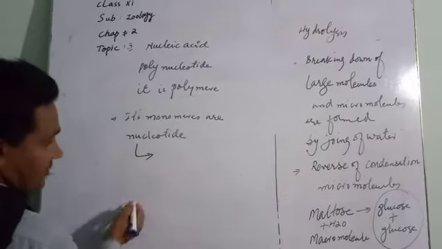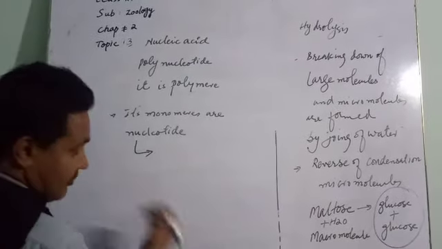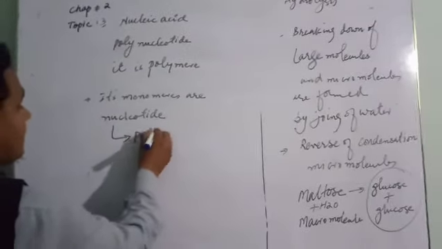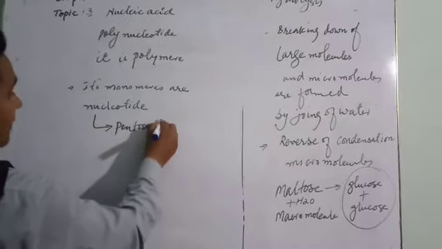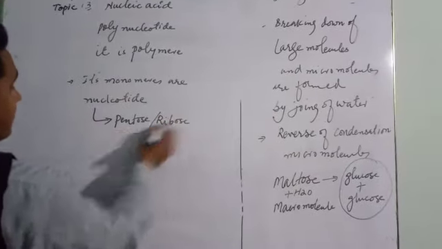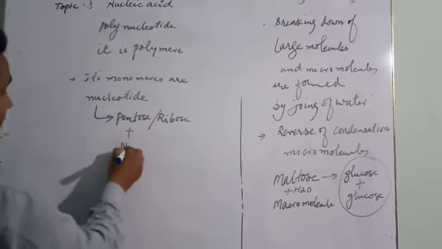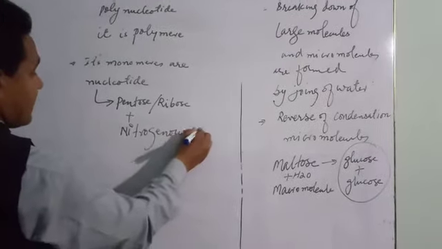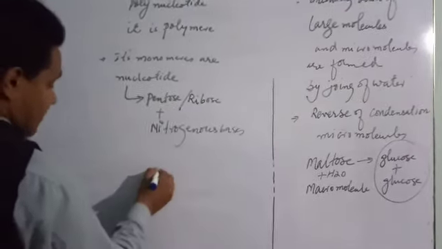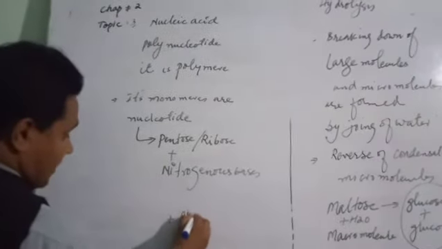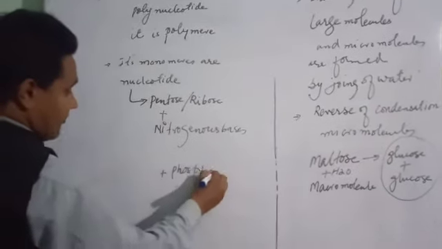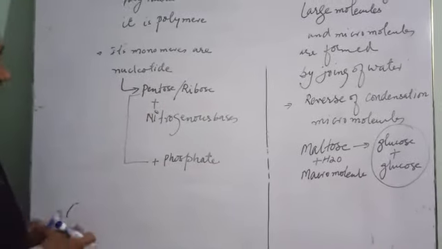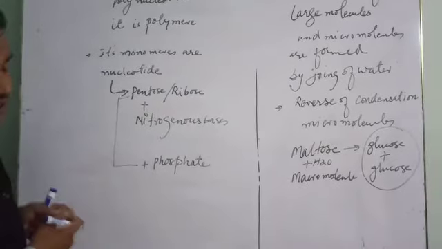A nucleotide is composed of three components: pentose sugar or ribose sugar, plus nitrogenous bases, then phosphoric acid or phosphate group. These three chemicals join together to form nucleotides.